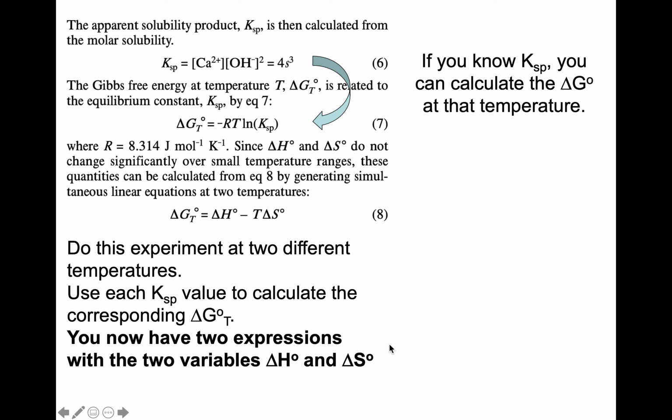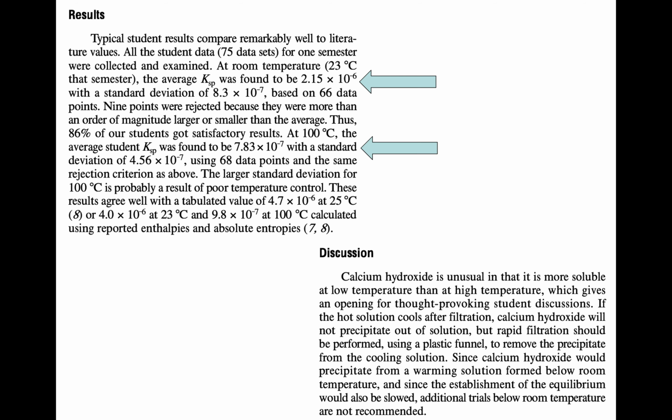You now have two expressions with two variables, delta H naught and delta S naught. Two equations, two unknowns. You can use that temperature dependence to solve for these. So how cool is this? Simply by doing two different titrations, you can get all of the thermodynamic quantities.